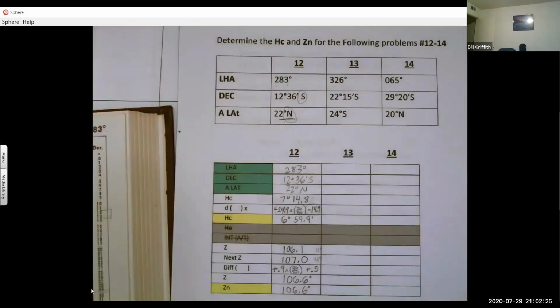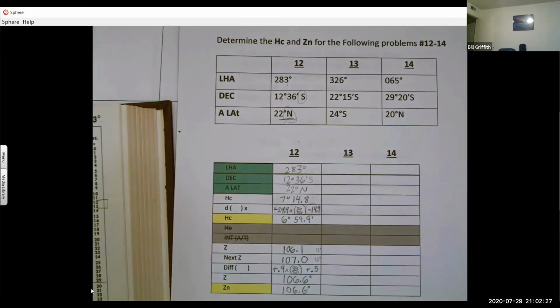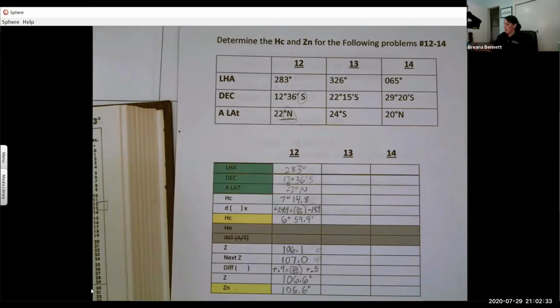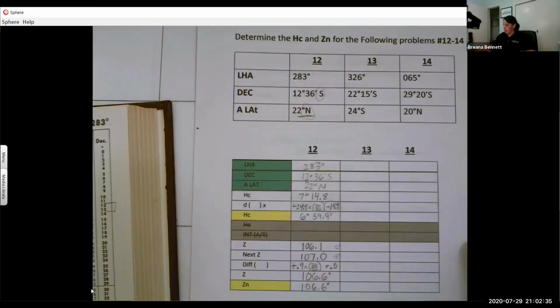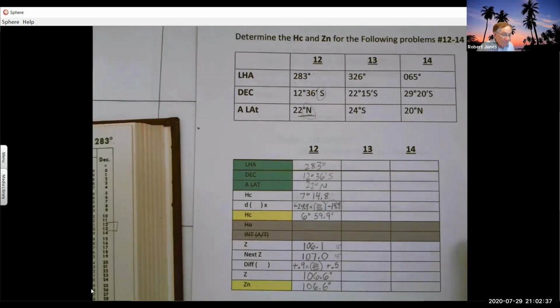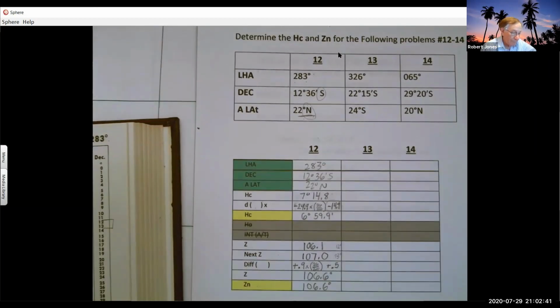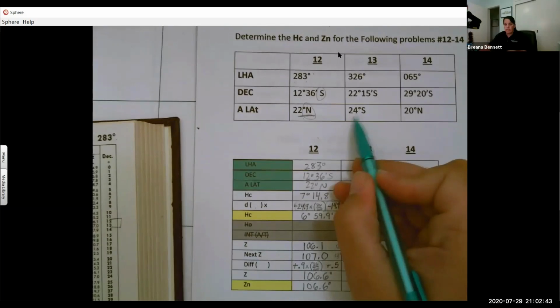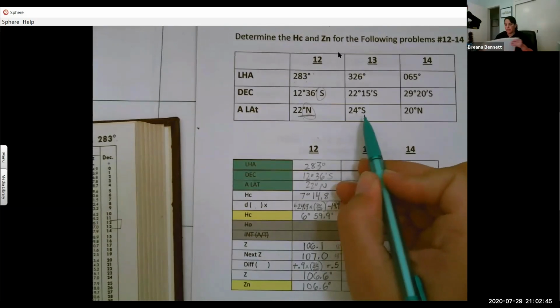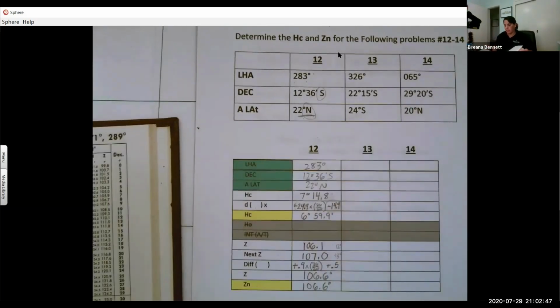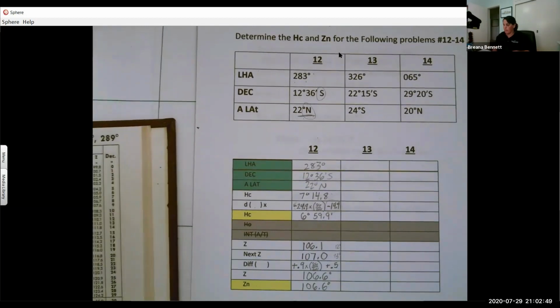Let's do number 13. Any questions so far? Okay, so on 13, we are at a latitude of 24 degrees. So I'm going to be in the second half of the book to get to my 24.